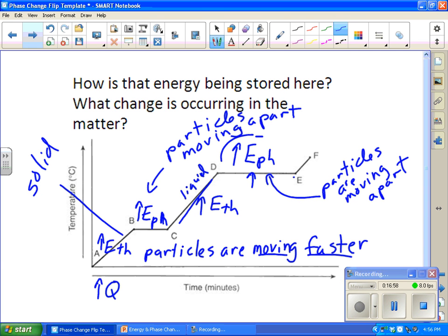So liquid is transitioning to gas. And then lastly, in the region between E and F, we have gaseous particles. The temperature is increasing, so we have an increase in the thermal energy of those particles. They are just moving faster.